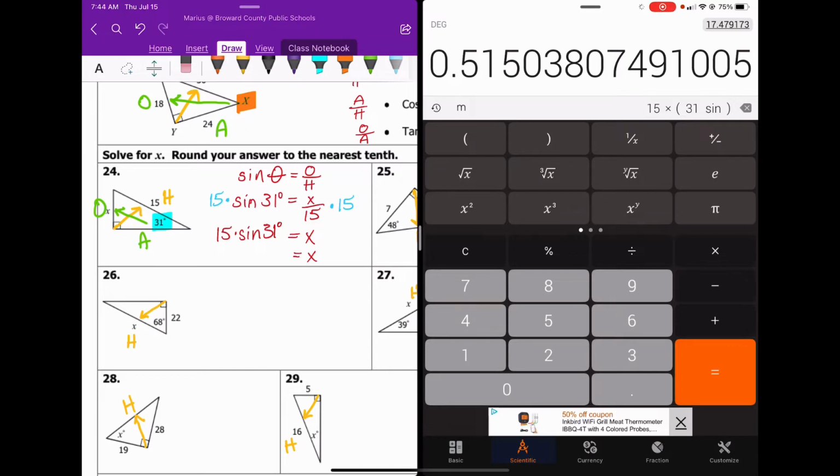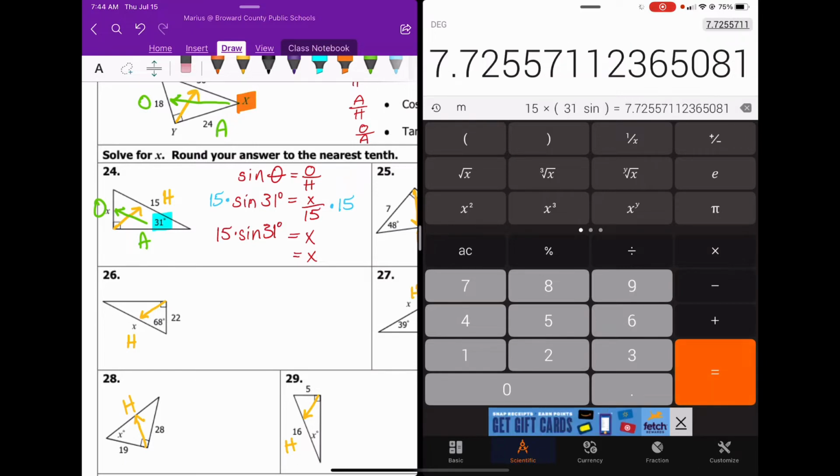Depending on what type of calculator you're using, ask your teacher to make sure that you're putting these in properly. So now that I've done that, 15 times the sine of 31, I just hit equals, and that's going to be 7.7 because they want us to round it to the nearest tenth. So x is equal to 7.7. Okay, and that would be my answer there.